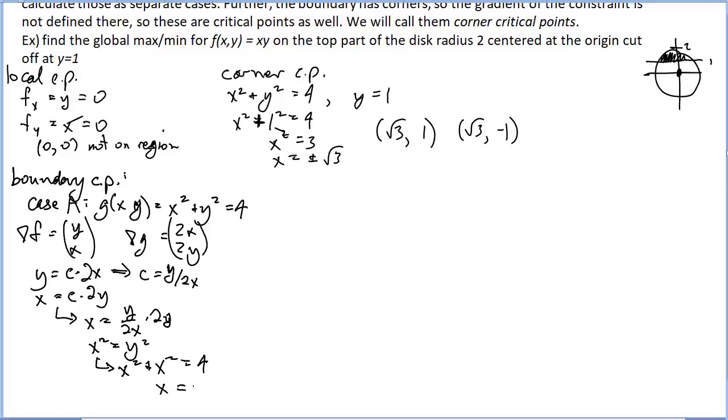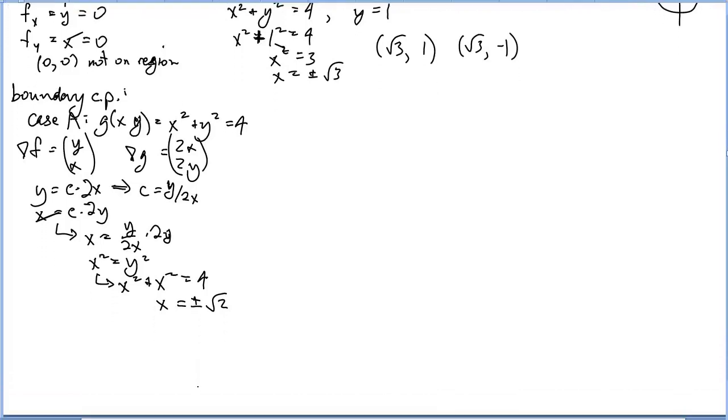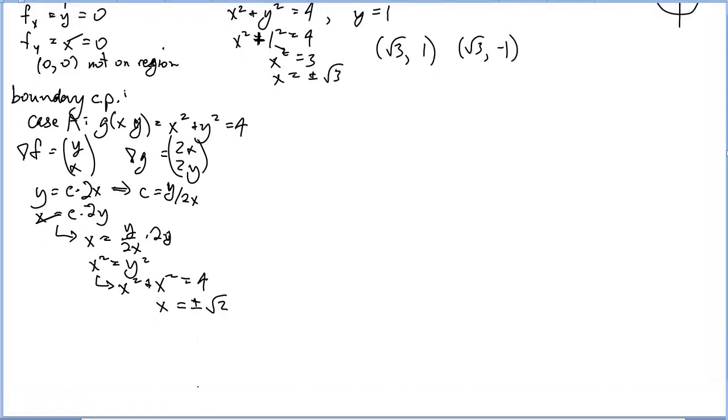So x equals plus minus rad 2. And since x squared equals y squared, that also gives us y equals plus or minus rad 2.